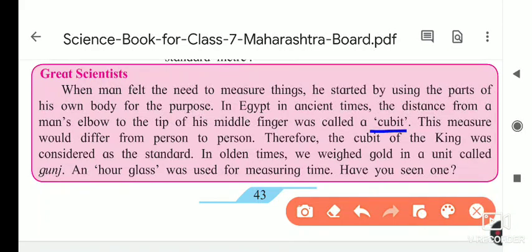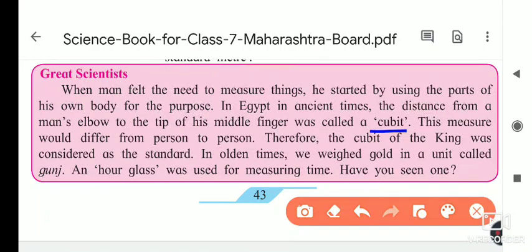That is called a cubit. So this length from the elbow to the tip of the middle finger is taken as a cubit in ancient Egypt.